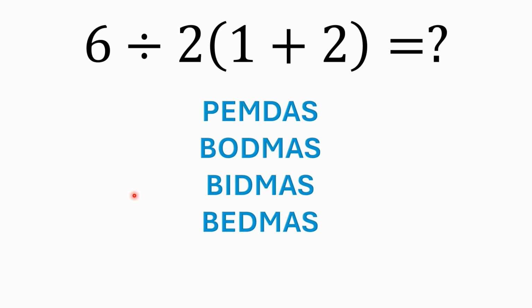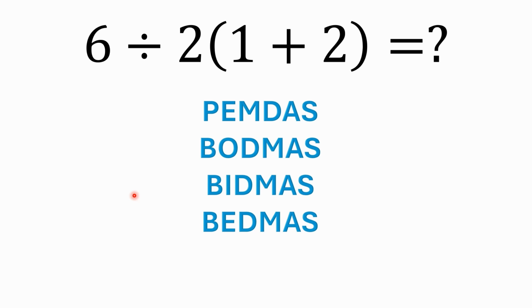The order of operations has been around a long time, but there are acronyms such as PEMDAS and BODMAS and BIDMAS and BEDMAS. They all mean the same thing. They're 6-letter acronyms, but they basically explain all the same 4 steps of order of operations.